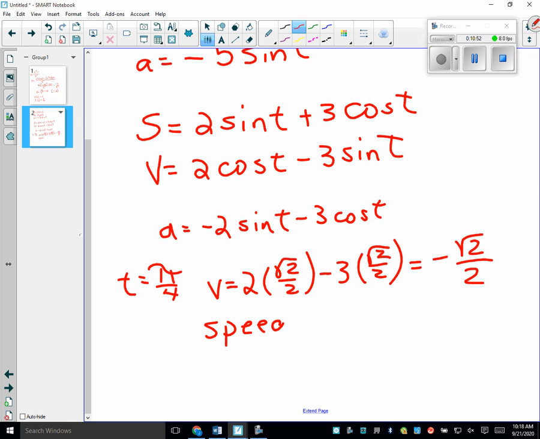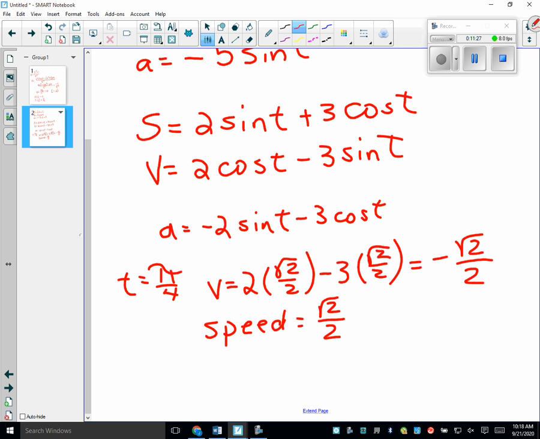Is speed radical 2 over 2? Remember that positives and negatives just give direction, because they're scalar rather than vectors. So they don't have direction. It's scalar.